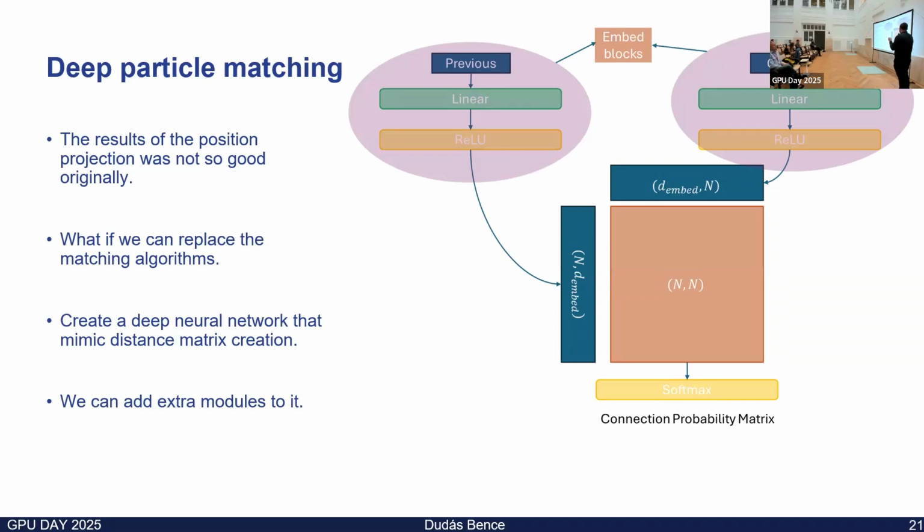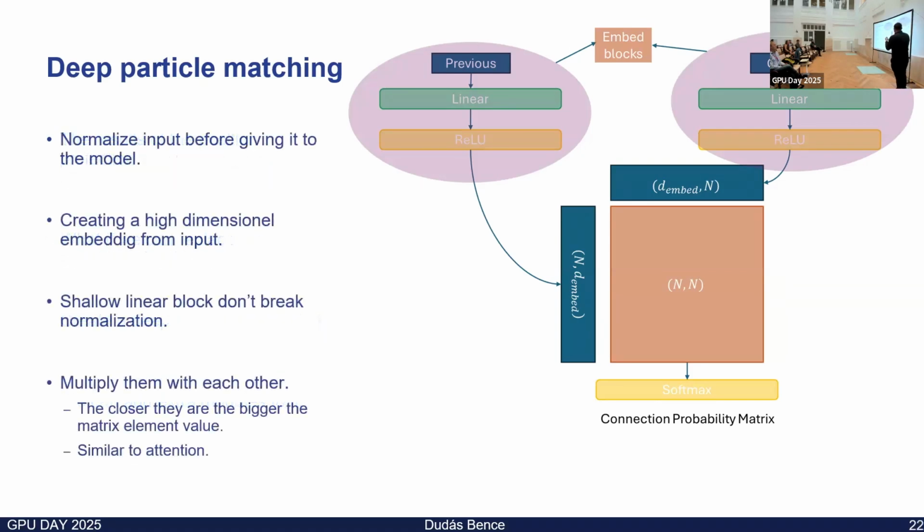What I wanted to do was create a deep neural network that will mimic or replace a matching algorithm. So I wanted to create a transformer-like particle matching model, which will give us a connection probability matrix.